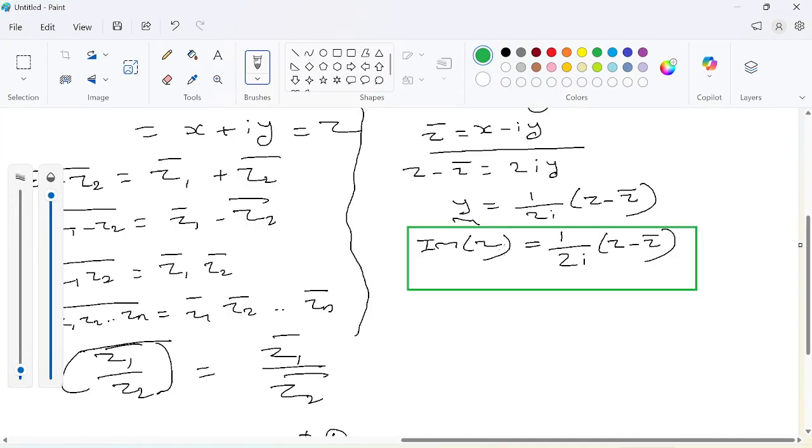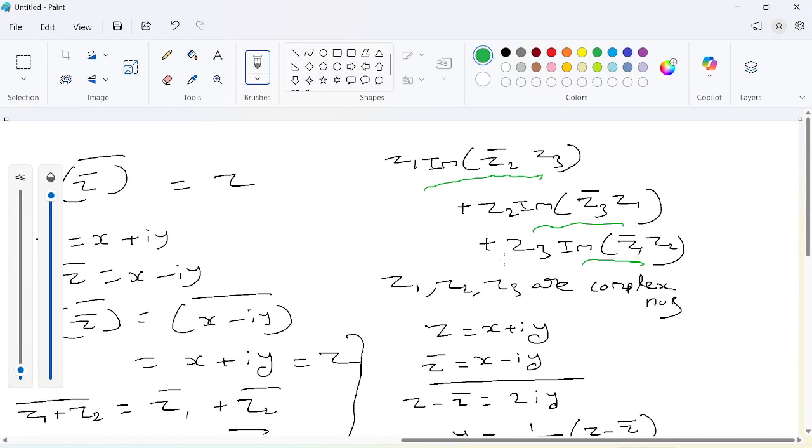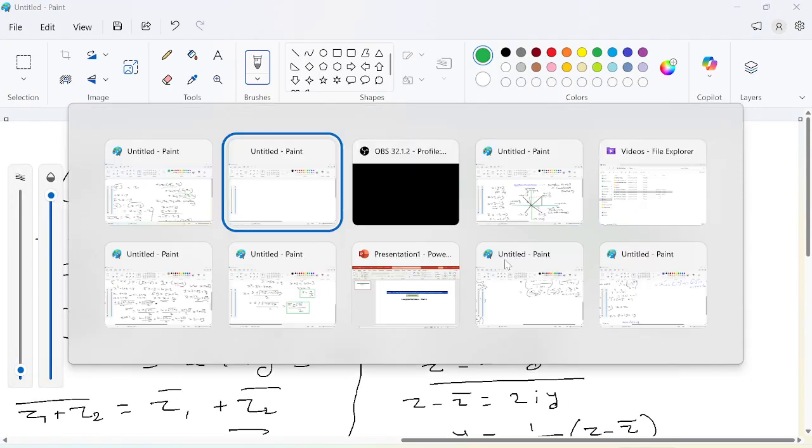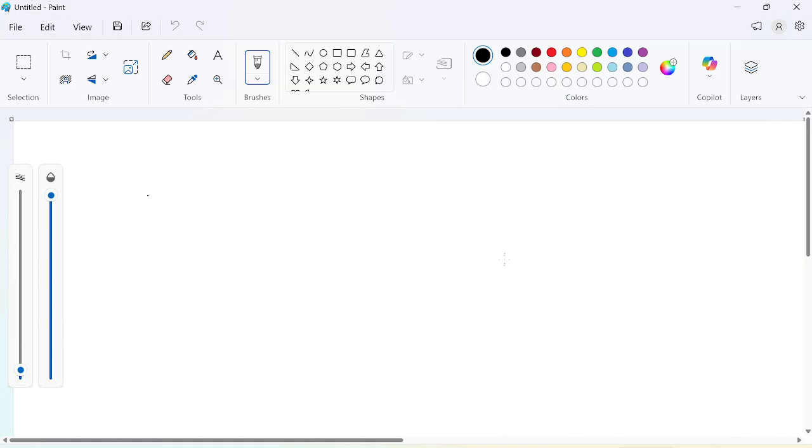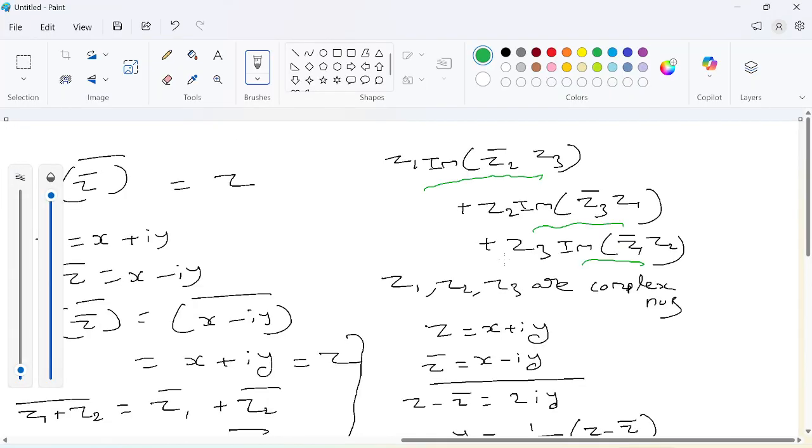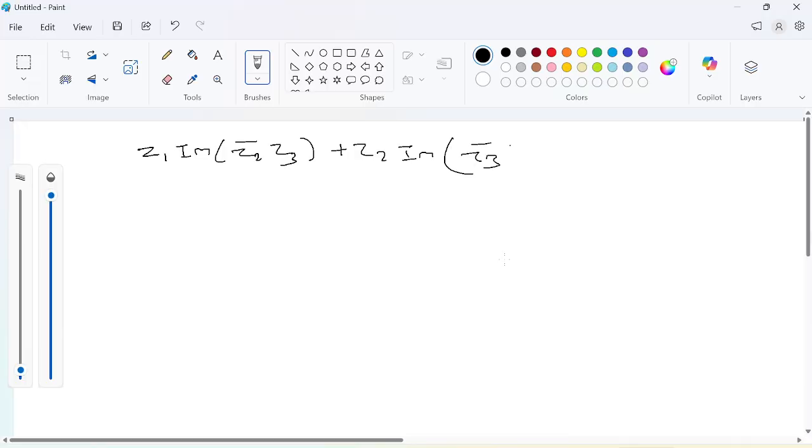Now you see here. If I open this, z1 imaginary of z2 bar z3 plus z2 imaginary of z3 bar z1 plus z3 imaginary of z1 bar z2. I'm writing the question again here. Okay.